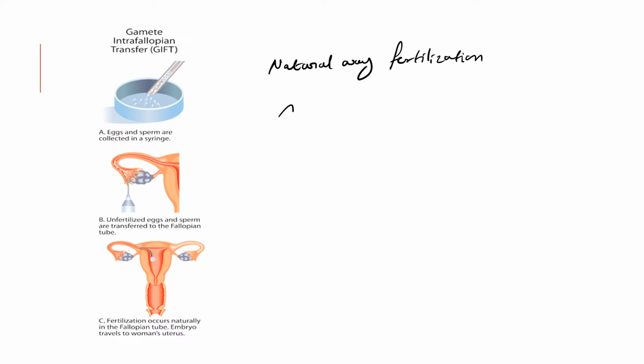Why are we going for these assisted reproductive techniques or ART? To solve infertility. It could be female infertility, where the female eggs are not getting ovulated properly, or the male sperms are not sufficient in number. Or suppose a lady does not want to conceive at a particular time of her age, but she wants to keep her healthy eggs.